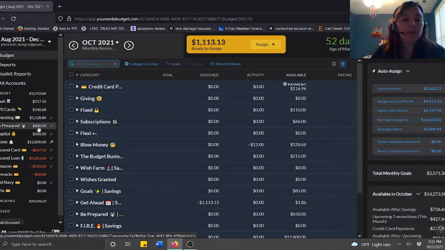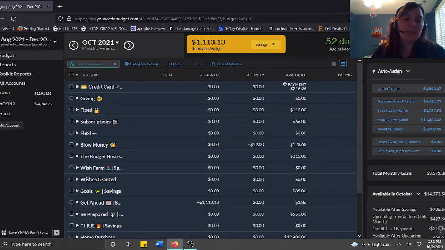This Be Prepared is my savings account that is linked to my checking account. Capital is an app that I use for savings goals. And then this home account is a separate account that I have to save up for a down payment for a house. And then these are my credit cards and a loan.